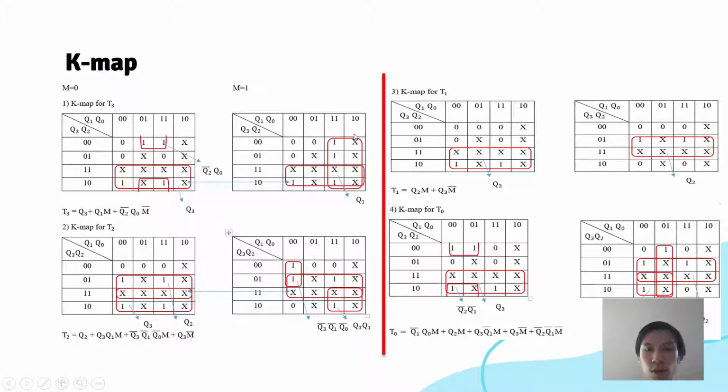And for this group Q1, it is on the side where M equals 1, so we write Q1M. And this group Q2 bar Q0, it is on the side where M equals 0, so it is Q2 bar Q0 M bar. And we get the Boolean equation for T3, which is T3 equals Q3 plus Q1M plus Q2 bar Q0 M bar. And we do the same for the rest of the inputs, which is T2, T1, and also T0. So we also got the Boolean equations for T2, T1, and T0.